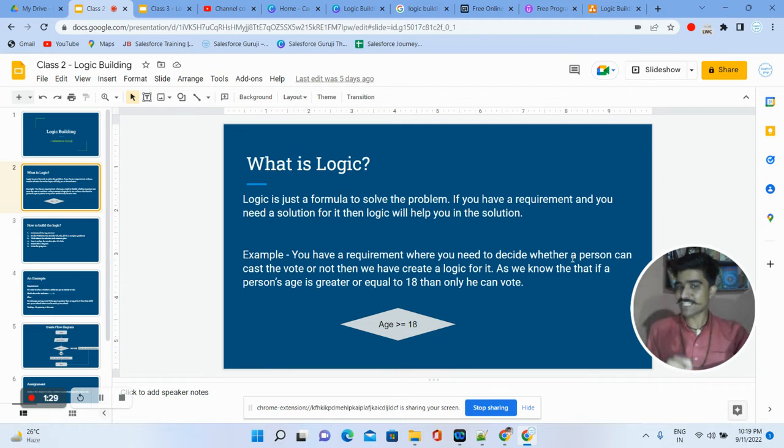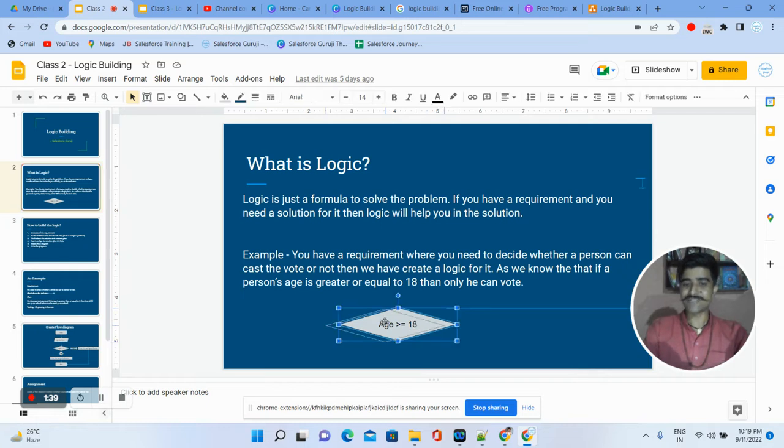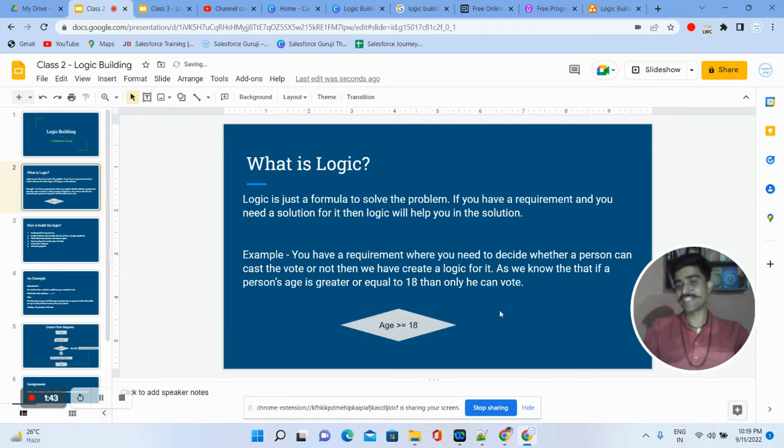So in this situation, this is our logic: if the age is greater than or equal to 18, it means he can cast the vote. So this is how basically we can create the logic. In another word, logic is just a formula to solve our problem.